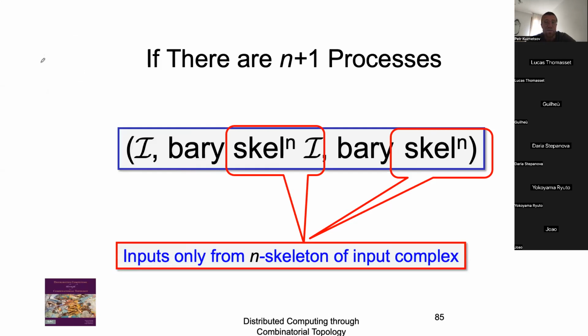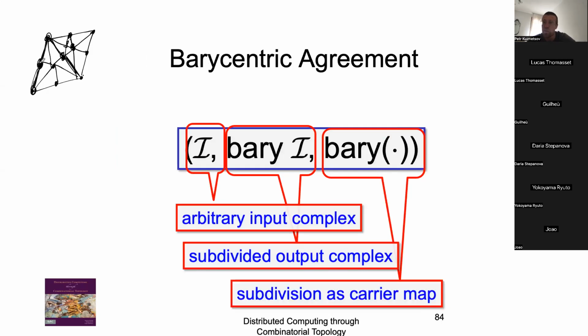The other important observation is that you may have a huge scope of potential inputs. In the colorless task, the input complex describes combinations of possible inputs. Now, what are the inputs the task allows the processes to propose? Potentially, you can have way more inputs than processes.